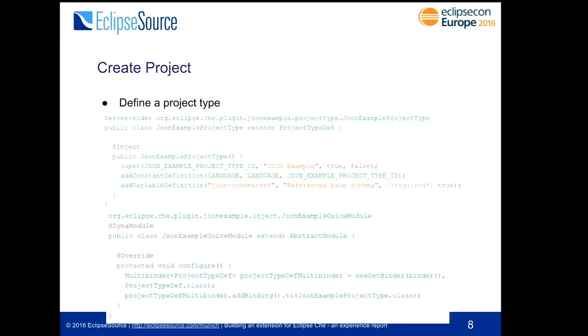We will bind an object of type ProjectTypeDef, so that's the class we inherit from, and we tell it that our implementation is this class, so that's the class from above. And with this registration, the dependency injection framework knows about our class, and Che will then use this mechanism to retrieve all project types which are there, and then build a list in the create project wizard.